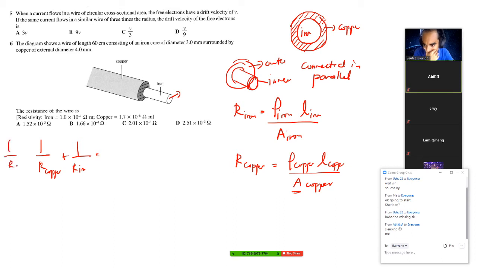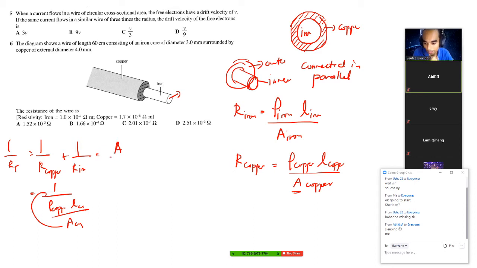1 over R total. So A actually goes on top because 1 over rho copper L copper divided by A copper means A goes up on the numerator.